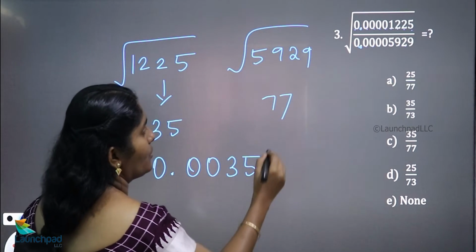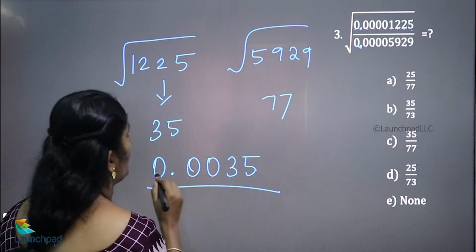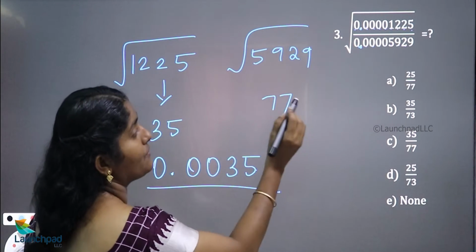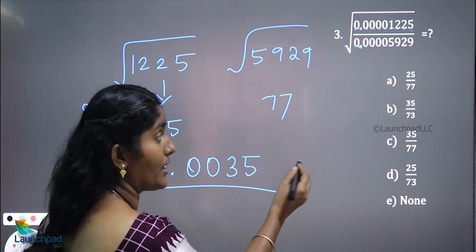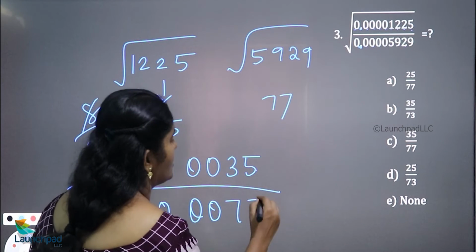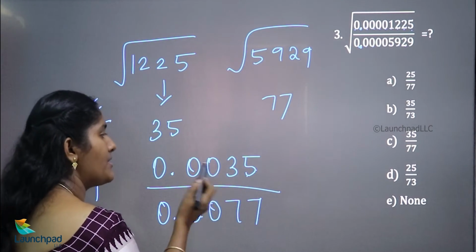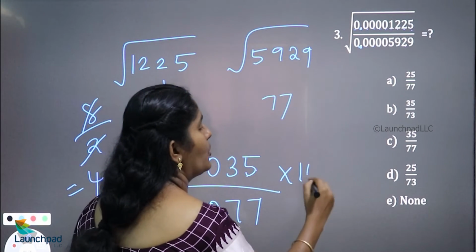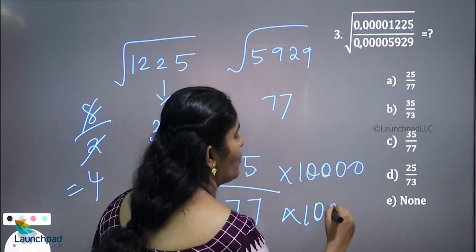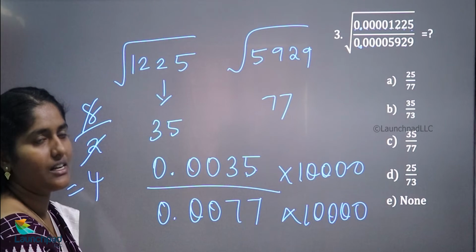So the square root of 0.00012225 is 0.0035, divided by the square root of 0.00005929, which is 0.0077. If we multiply both numerator and denominator by 10,000, adding 4 zeros, the decimal values will be cancelled.